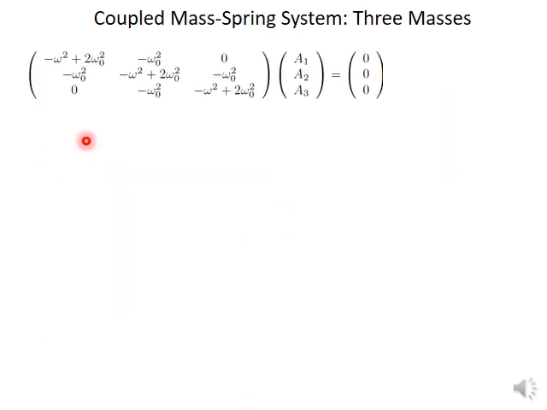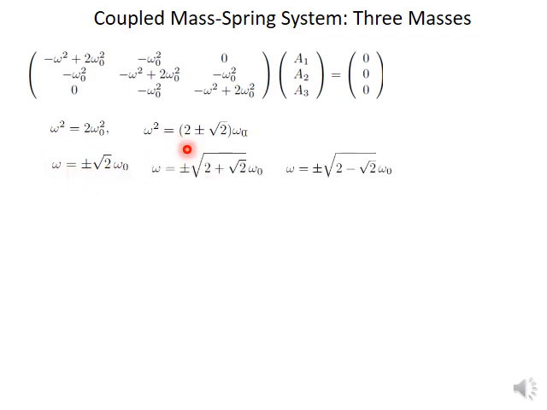So the non-trivial solution of the coupled system gives you omega squared values of these two forms: either omega squared equals 2 omega naught squared, or omega squared equals 2 plus minus under root 2 omega naught squared. The first gives you two frequencies, plus minus under root 2 omega naught, and the other gives you four frequencies, one for a plus sign and one for the minus sign.